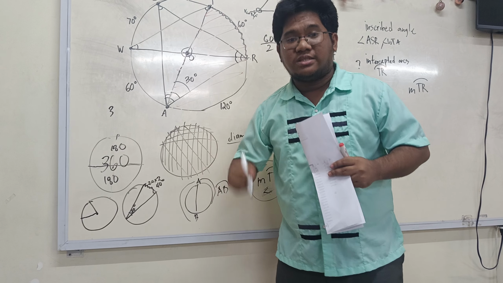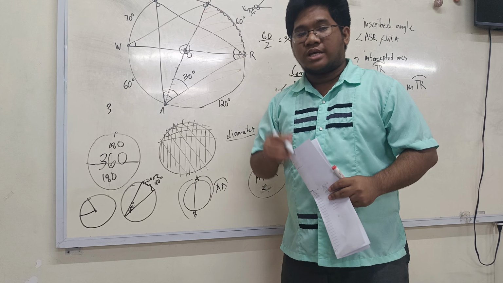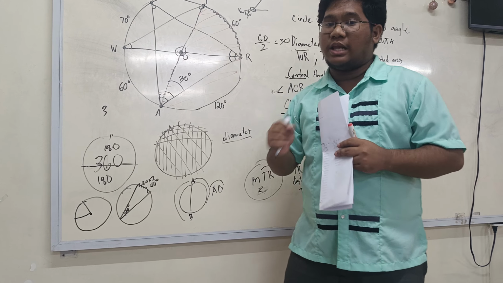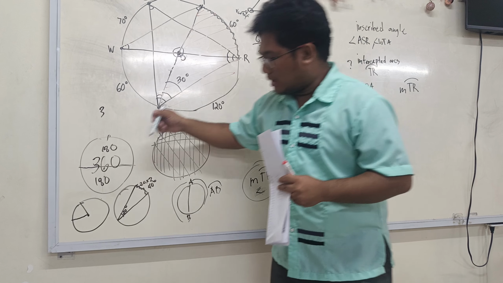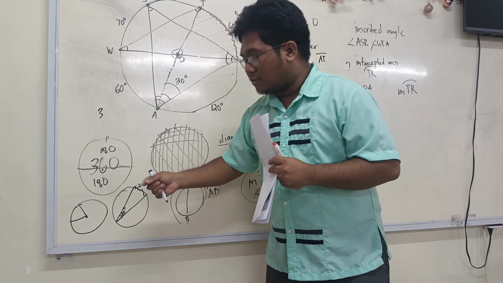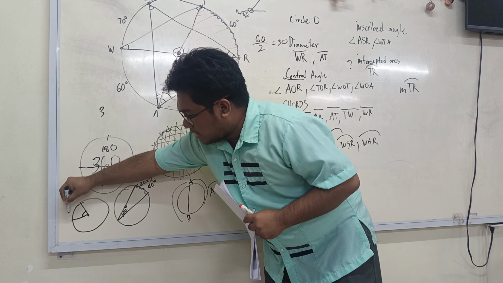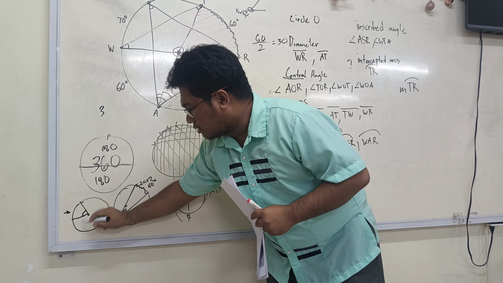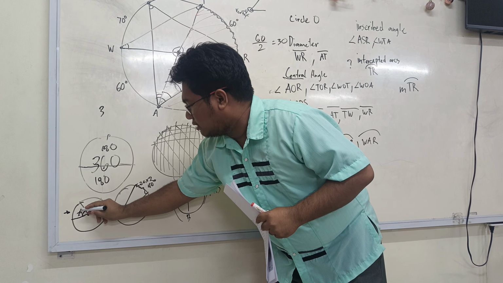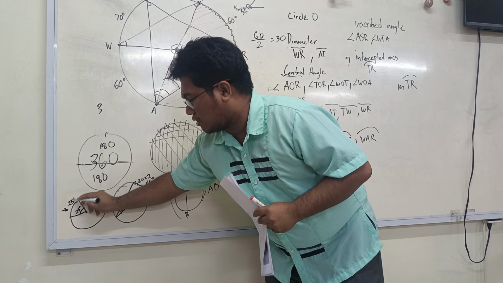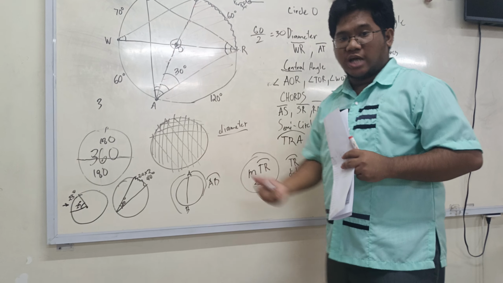Ayan, so this is a central angle. According naman sa relation ng central angle at inscribed, yung central angle and yung intercepted arc niya, kung ano man yung value nito, yun din ang value nito. So, ibig sabihin, kung ito ay 25 degrees, edi 25 degrees din ito. Okay, so ganun lang siya.